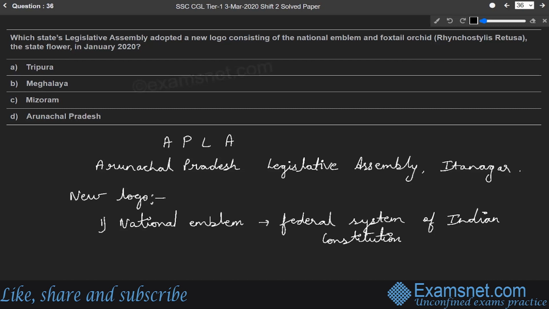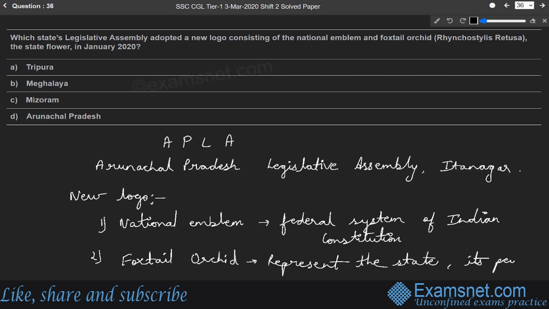Second part of the logo is the foxtail orchid. As mentioned in the question, it is the state flower. So it represents the state, its people, and the culture of the state.